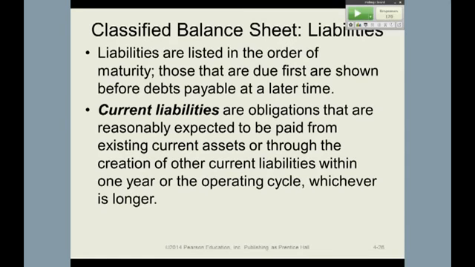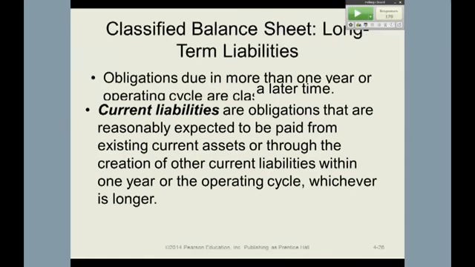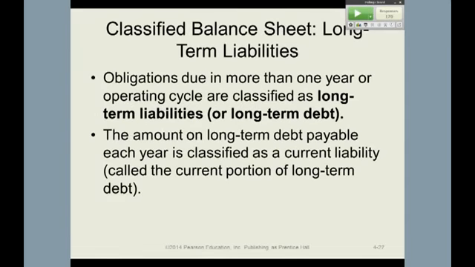And the long-term liabilities, of course, would be obligations due in a period longer than 1 year or operating cycle. Long-term debt, of course, is an example of a long-term liability.